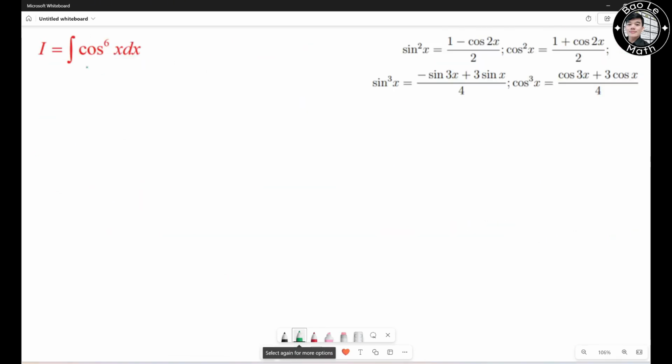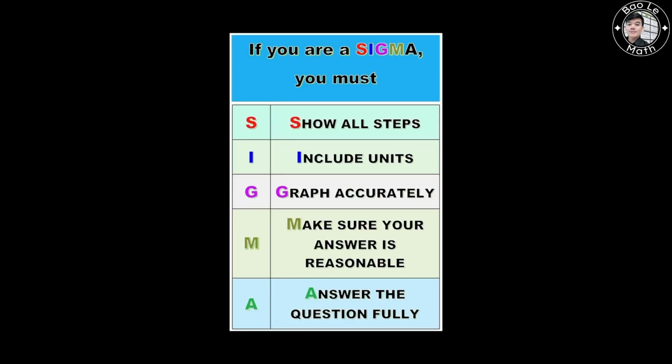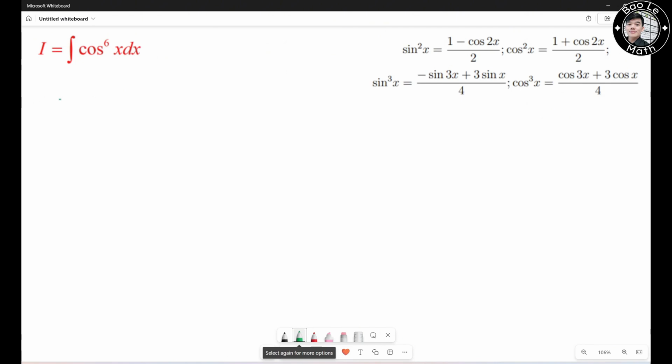We're going to learn how to find the antiderivative of the following: the integral of cosine to the 6th of s ds. Alright, so before we jump into this problem, we need to understand the half angle formulas.